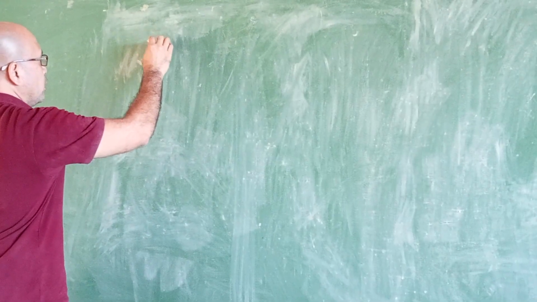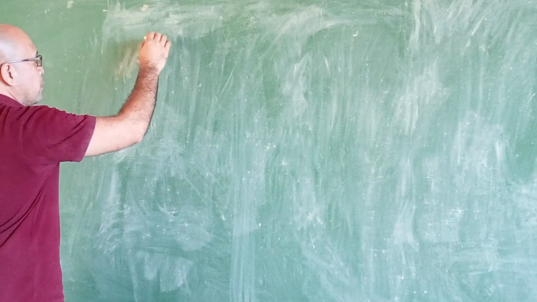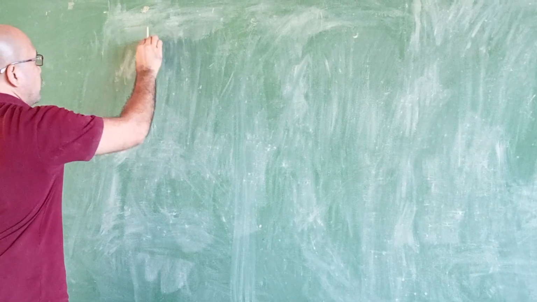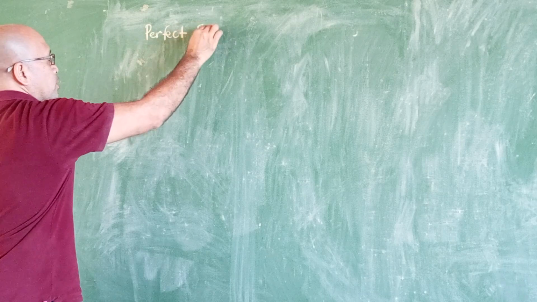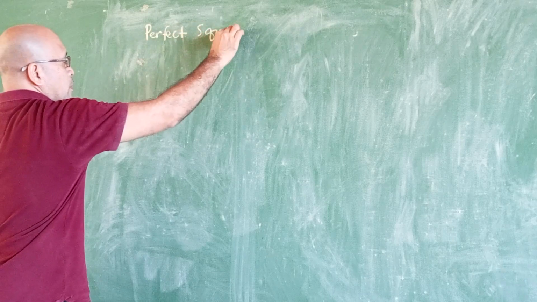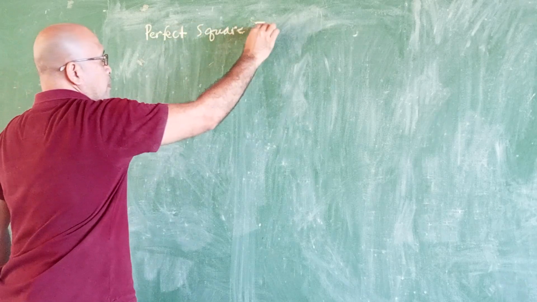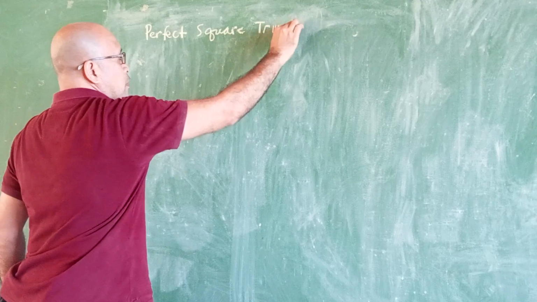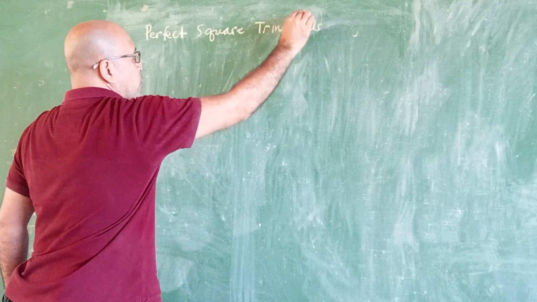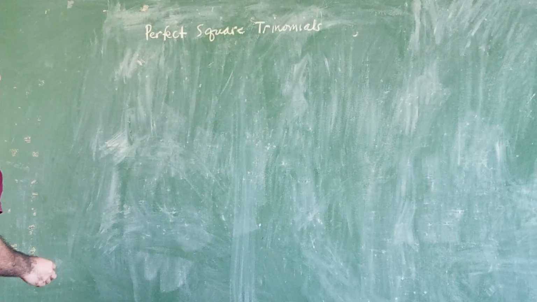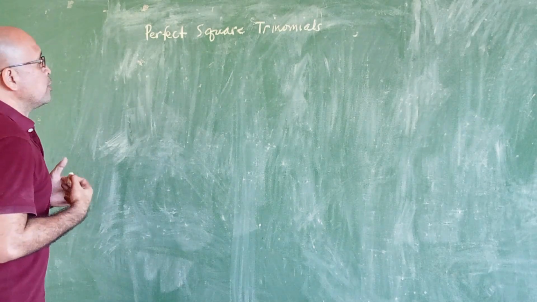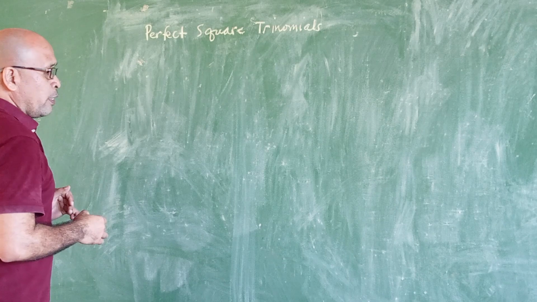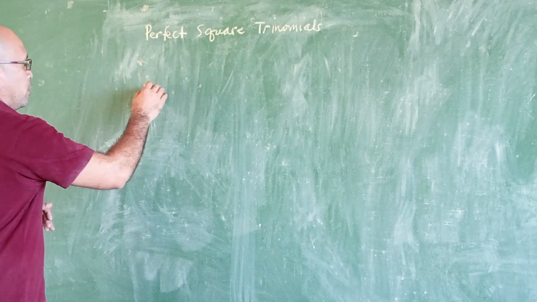Now let's continue with the next type of factoring, and that is factoring perfect square trinomials. So for this type of factoring, we will be considering an algebraic expression that has three terms.